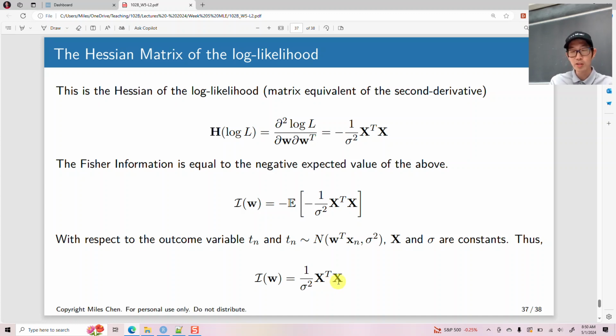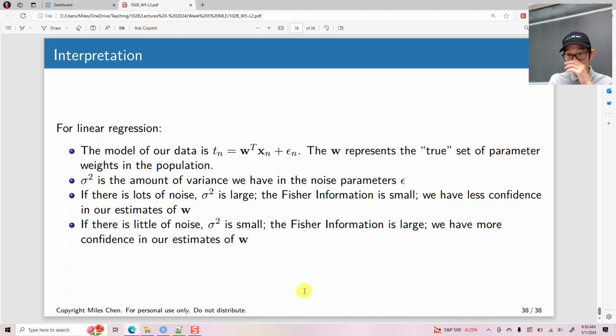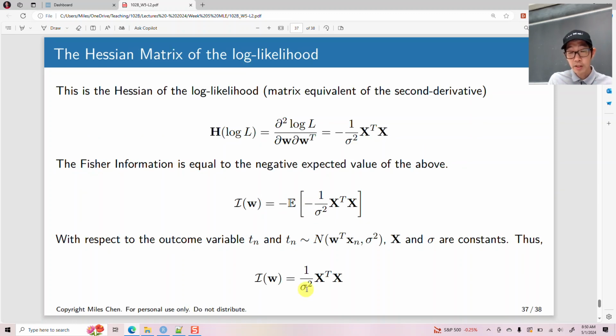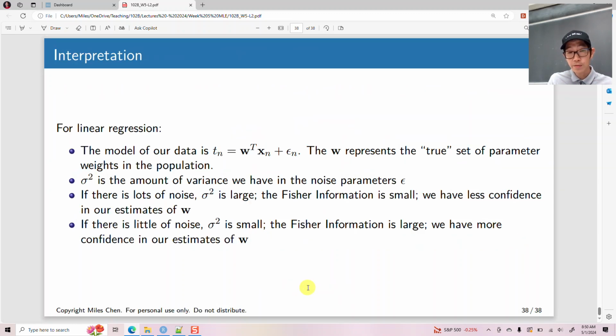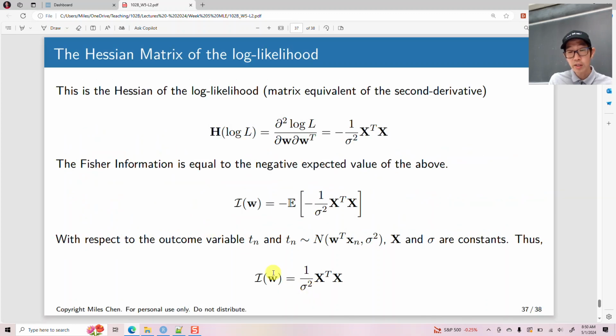What does this mean? Here I have 1 over sigma squared, indicating that if there's little noise, then sigma squared is small, and I will have high information.